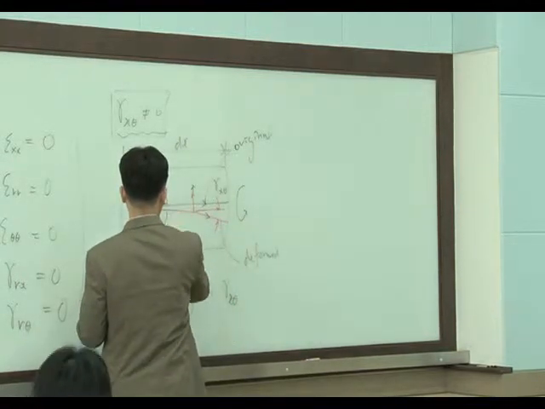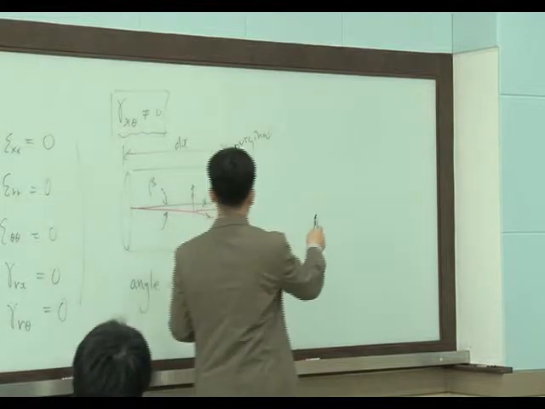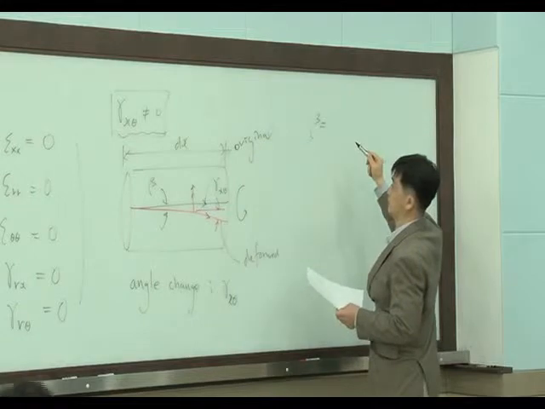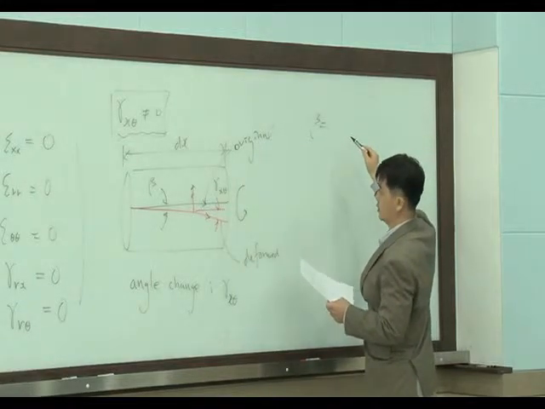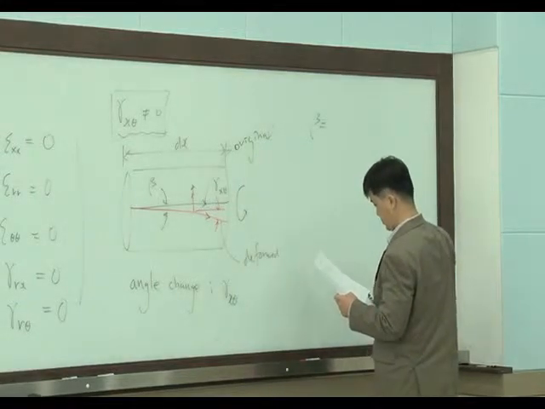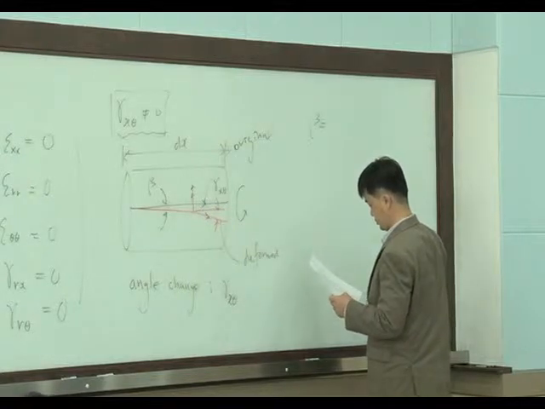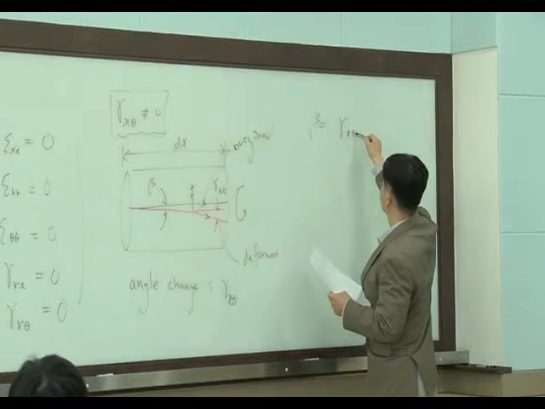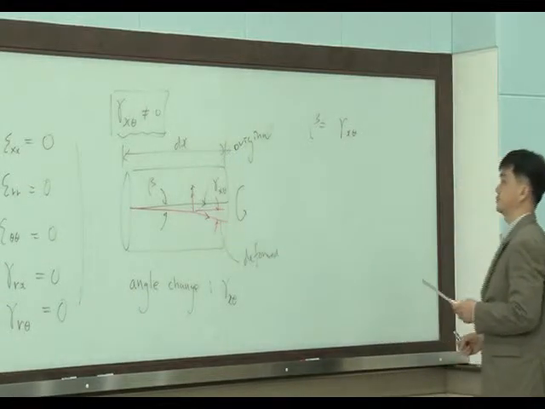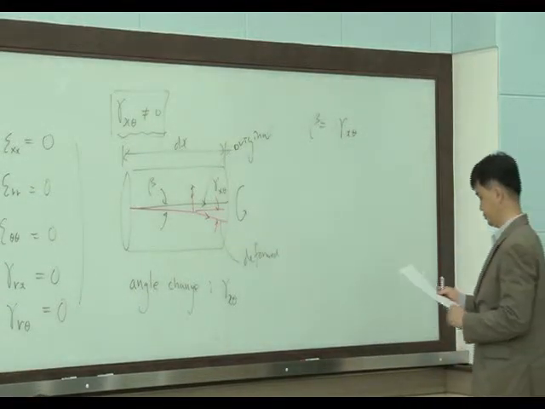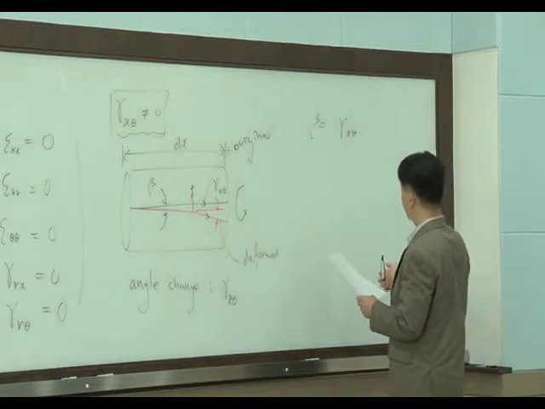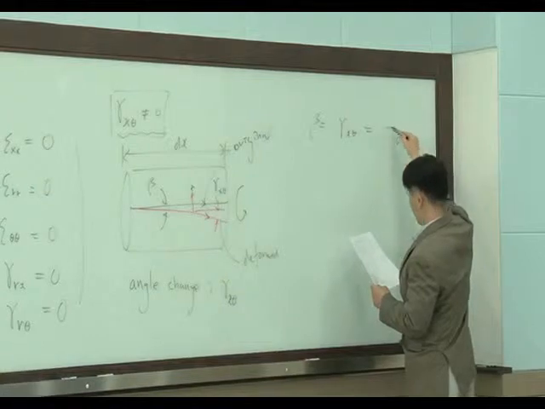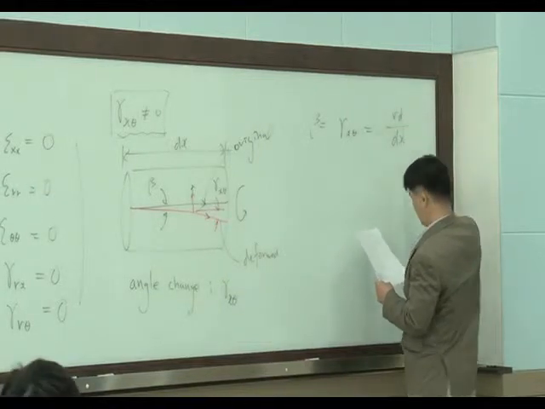And this is beta, the angle change, beta equals gamma x theta, which equals r d phi over dx.